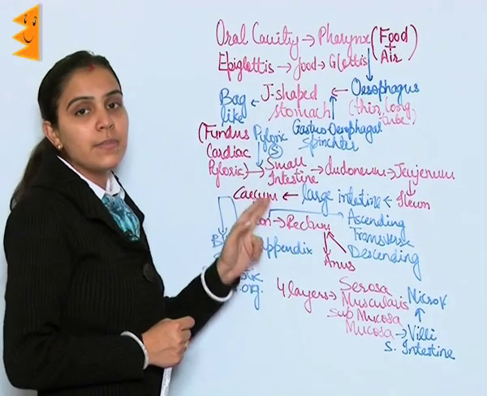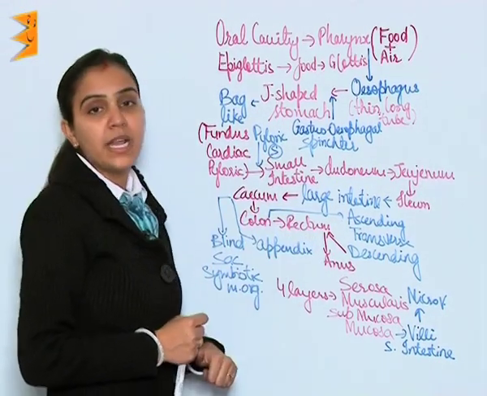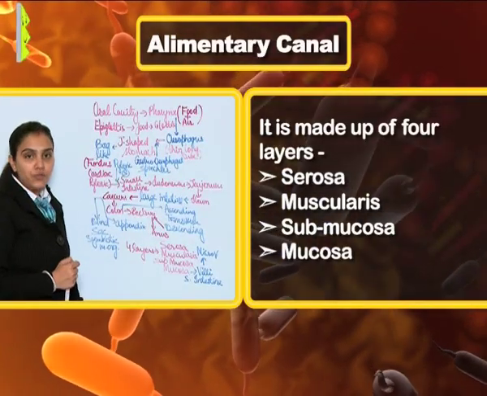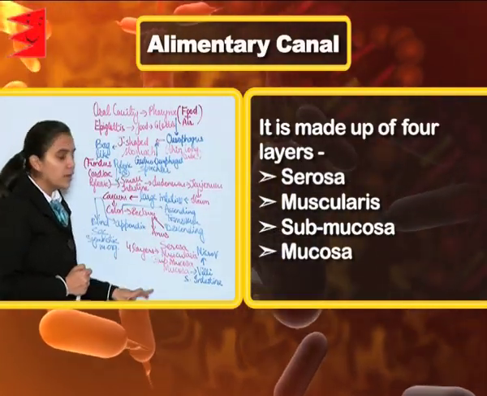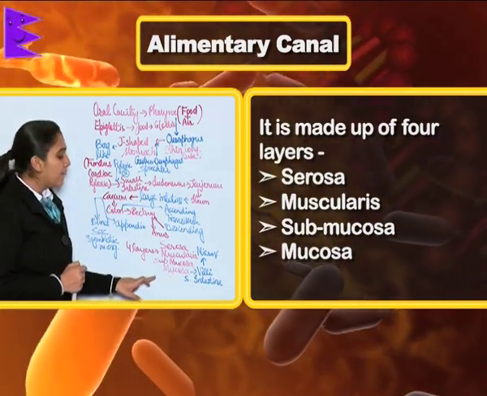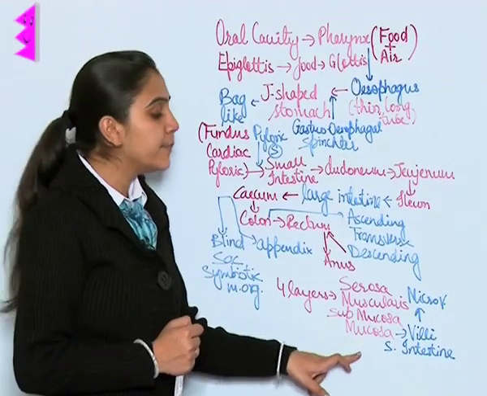The whole alimentary canal's wall is made up of four layers: serosa, muscularis, submucosa and mucosa. Mucosa is the innermost layer.